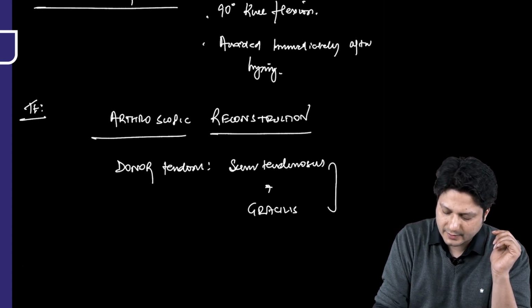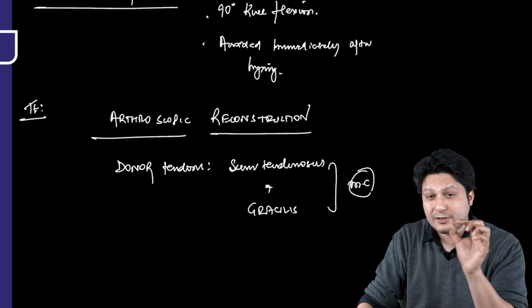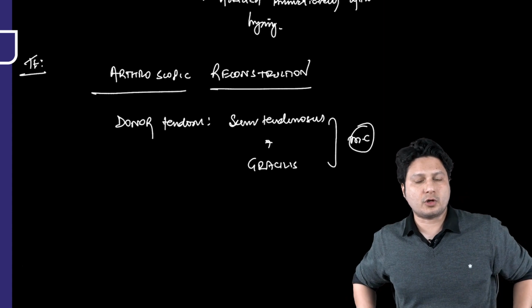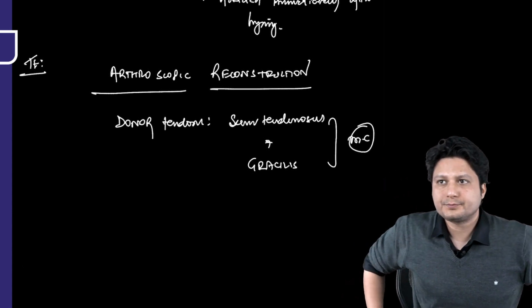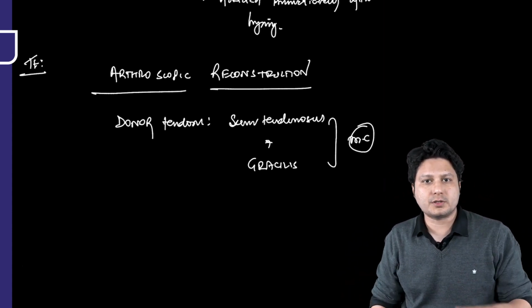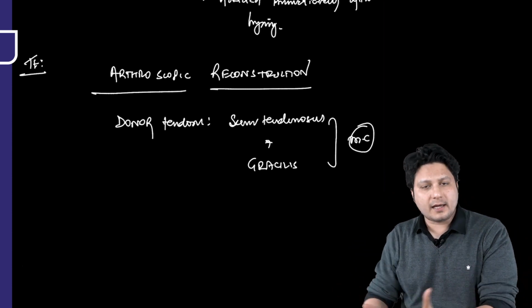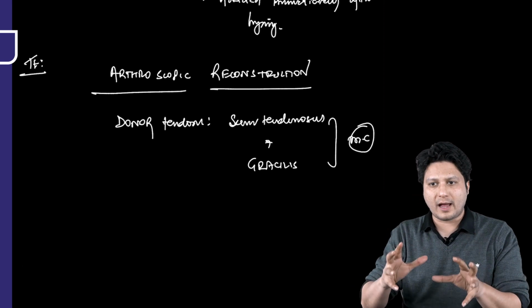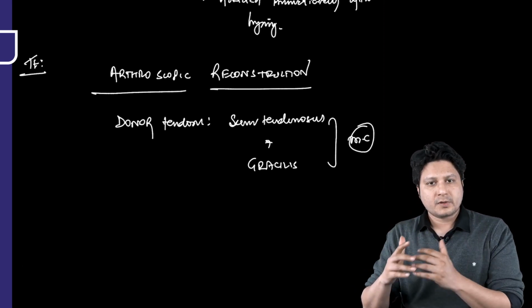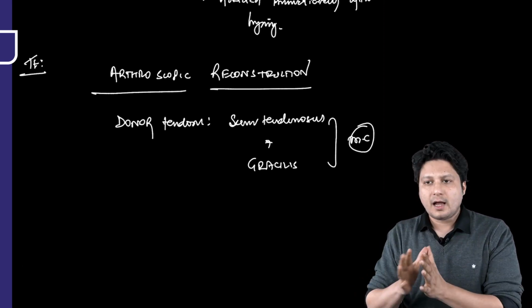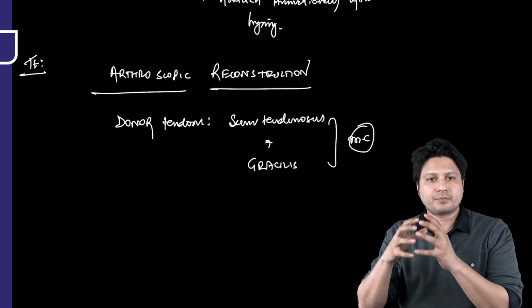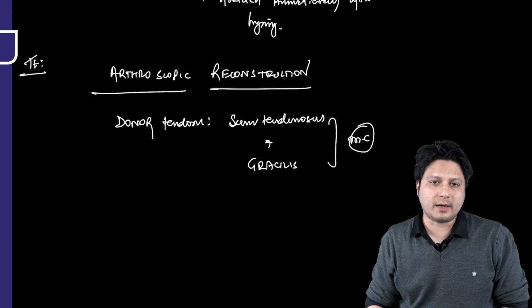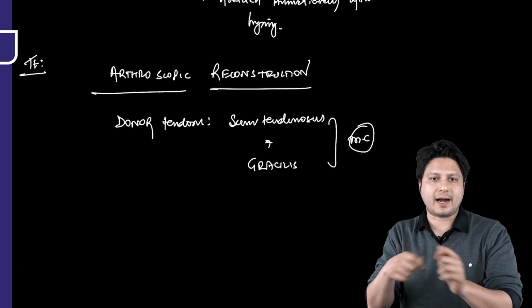Although there are other tendons also, like the patellar tendon was used, other hamstrings can also be used, even the peroneus can be used. Any tendon could be used as a donor graft. But to make it more feasible, semitendinosus and gracilis combined are very easily isolated and give a thick, stable, tensile kind of graft.